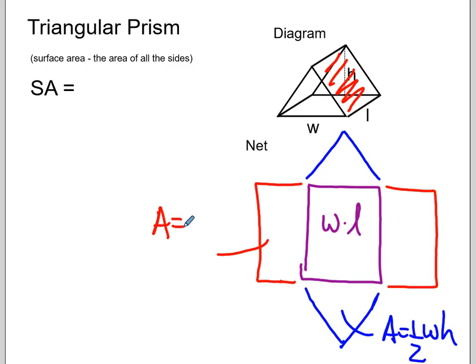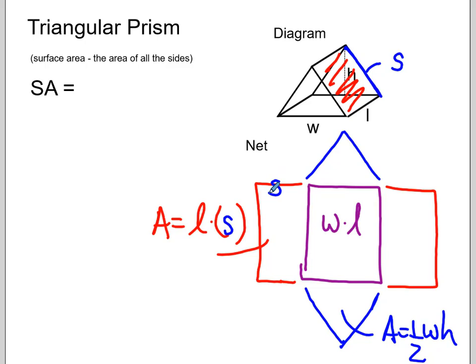It's definitely L times something. Okay, and it's not an H, and this is where people get a little bit confused. This dimension right here is not the height. It's something we call the slant height, and we'll talk about that in 2 seconds, and I'll show you how to calculate it. So this would be the slant height, and it would be that dimension right there.